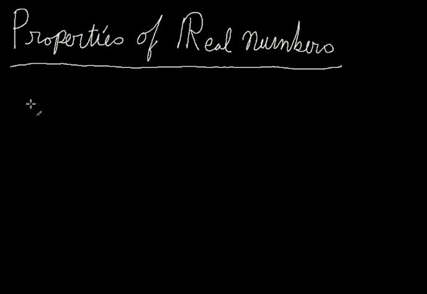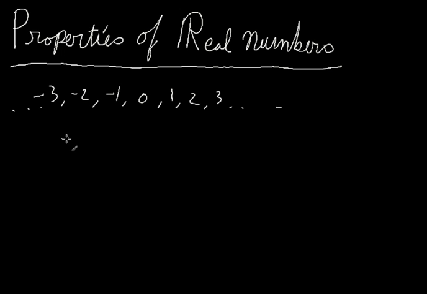Now I want to talk about something called properties of real numbers. I'll remind you what real numbers are. Real numbers are all of the integers that we talked about, so numbers like -3, -2, -1, 0, 1, 2, 3, and so on on both sides.